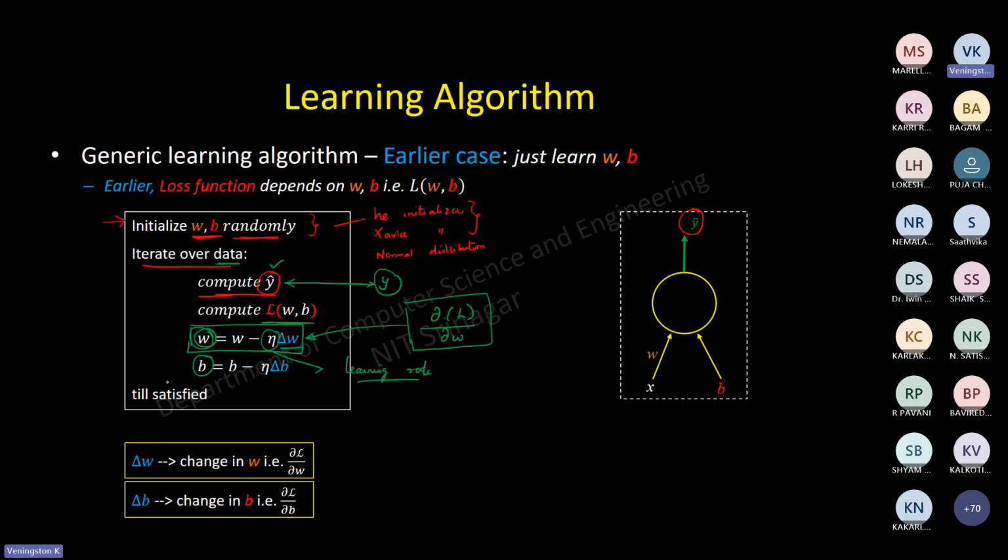We are going to repeat it until some condition is satisfied. This condition may be the number of epochs, and you may decide the number of epochs, let's say 200 or 1000 or 2000 or whatsoever.